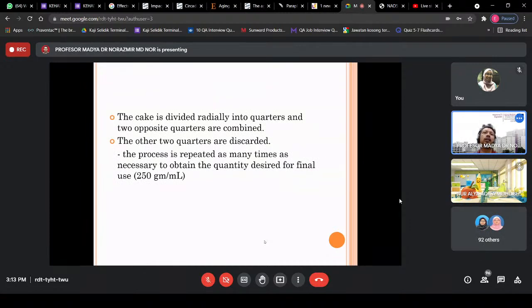So the cake is divided radially into quarters, and two opposite quarters are combined. Then the other two quarters are discarded. The process is repeated as many times as necessary to obtain the quantity desired for final use, for example 250 gram.